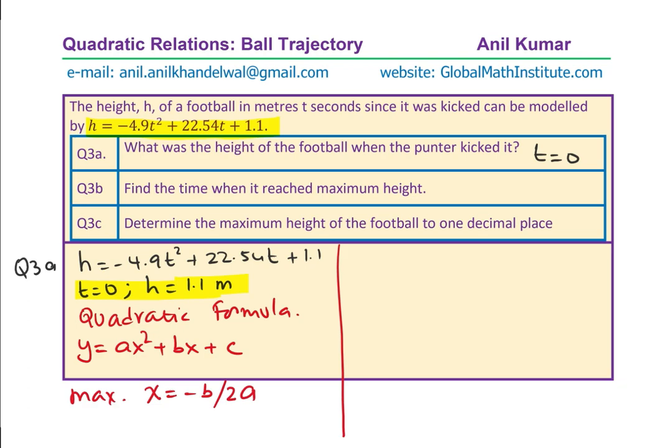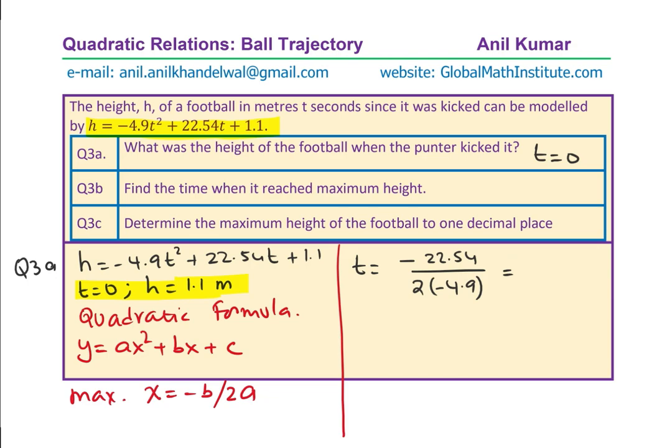So in this case, the time will be what? If I use the formula directly, it will be minus of b, which is 22.54, divided by 2 times a, which is minus 4.9. You see that? So that gives you the time when it reaches the maximum height.